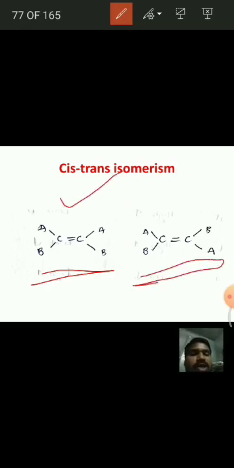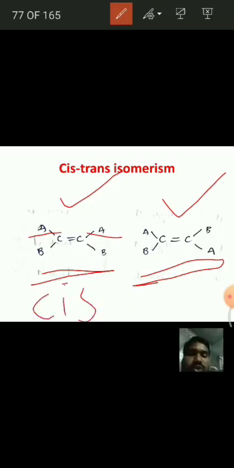This molecule also shows cis-trans isomerism, and moreover, if the similar groups are on the same side, if the same group is on the same side, then it is said to be cis isomer.